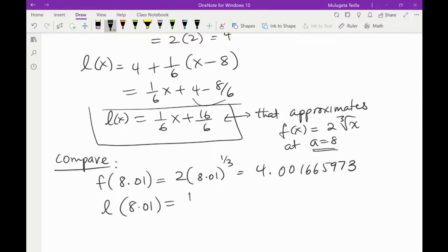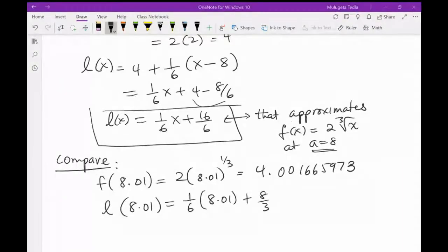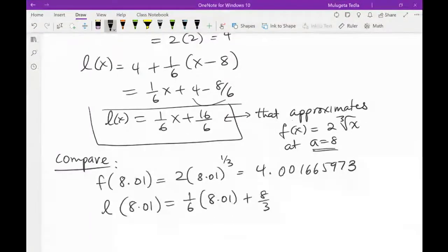Now with the linear equation: 1 over 6 times 8.01 plus, what is it, 8 over 3, is it? Somebody said something. Yes, thank you. Let's do it with the linear equation. 8.01 divided by 6 plus 8 over 3 is actually 4.00166667.